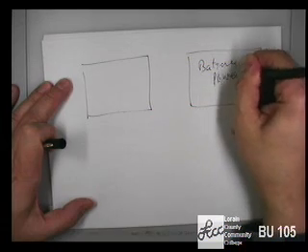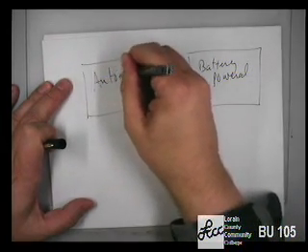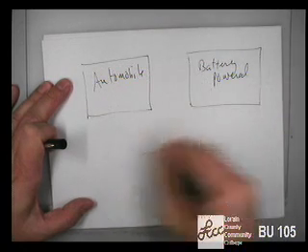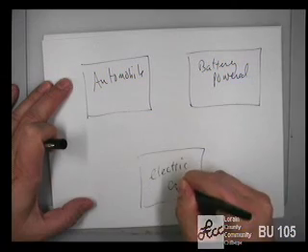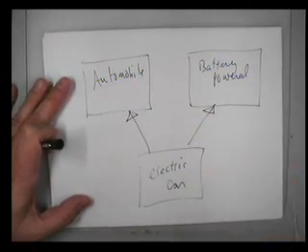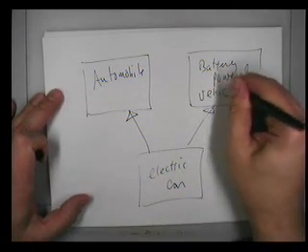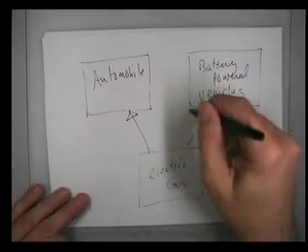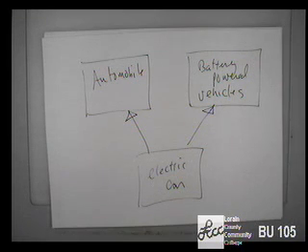I can't say that an electric car is a subclass of both an automobile and battery-powered vehicles. I can't do both of those. I have to pick which one. Now, we'll talk about what to do when you have that situation.